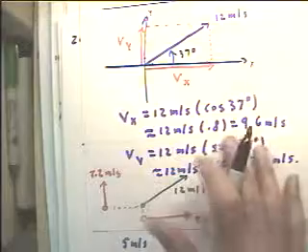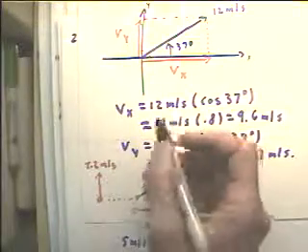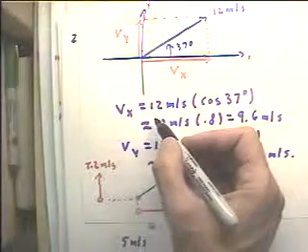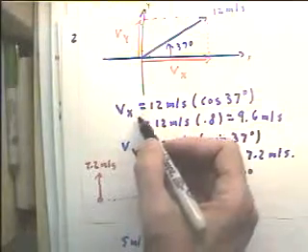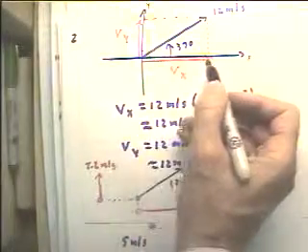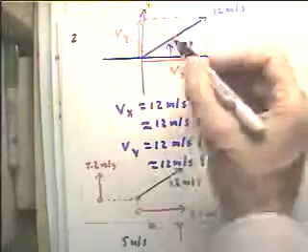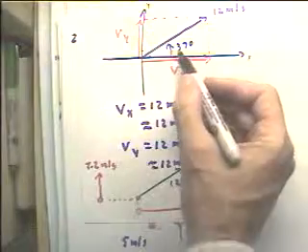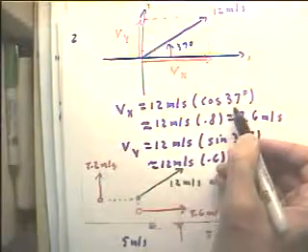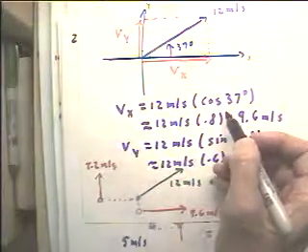Either one of those suffices, but you don't really have to know that. Physics 121 students might not know that, and I'm just going to assert that the x component of a vector is equal to its magnitude, in this case the 12 meters per second, times the cosine of this angle, cosine of 37 degrees in this case.